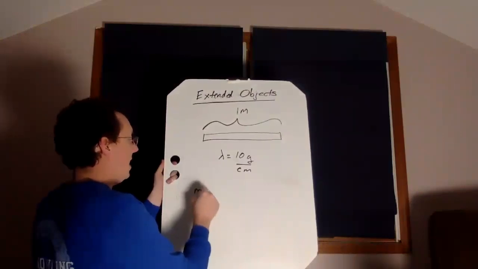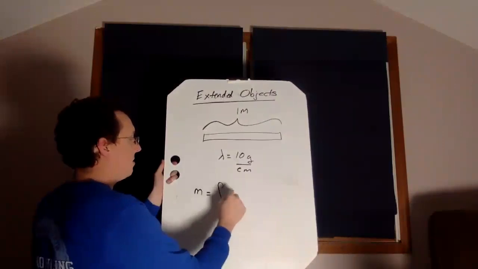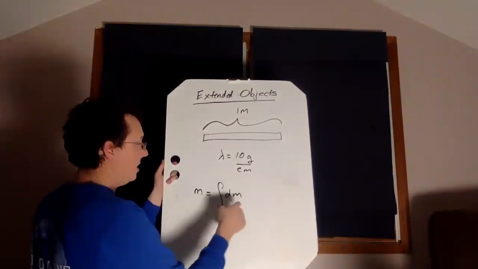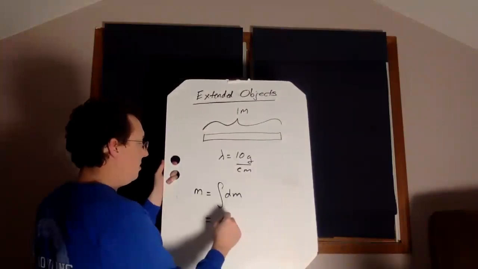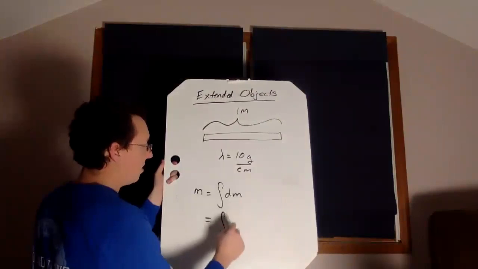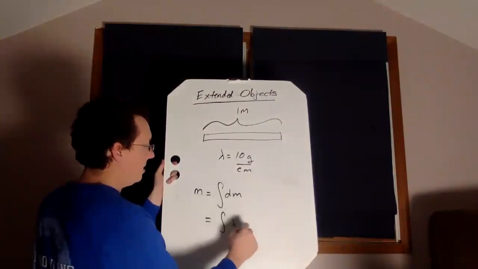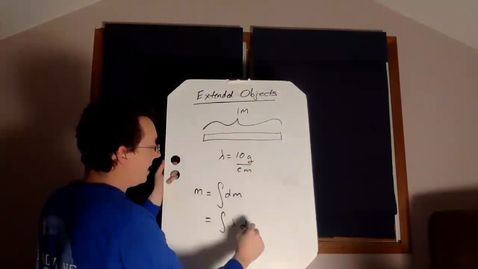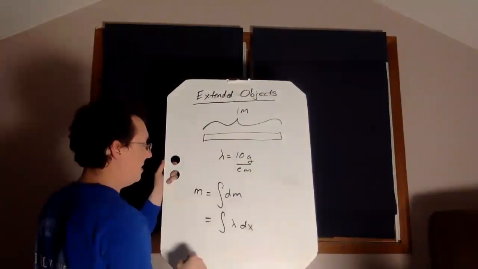I would say that the mass is the integral dm. I usually start with a statement which is always true. M is equal to integral dm. And then I would turn it into a calculus statement that I can work with, and that's going to be lambda ds. But because it's along the x-axis, ds is nothing other than dx.